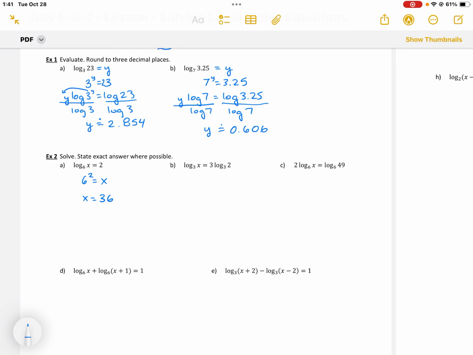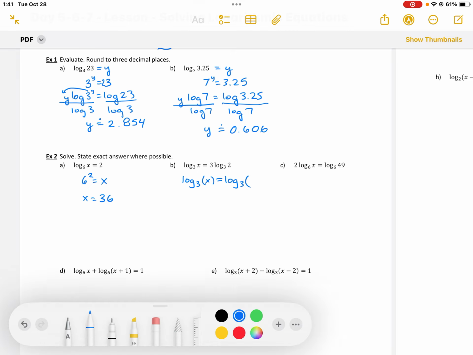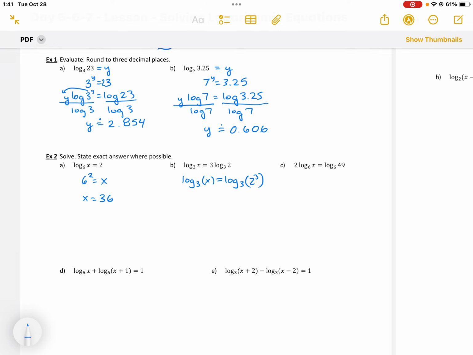For questions that have one log on both sides, we can actually write both so that they only have one argument and one log, or one term, on each side. If the first part of the expression is the same, that means that the insides have to be the same. So then we know that x is equal to 2 cubed, which means that x is equal to 8.